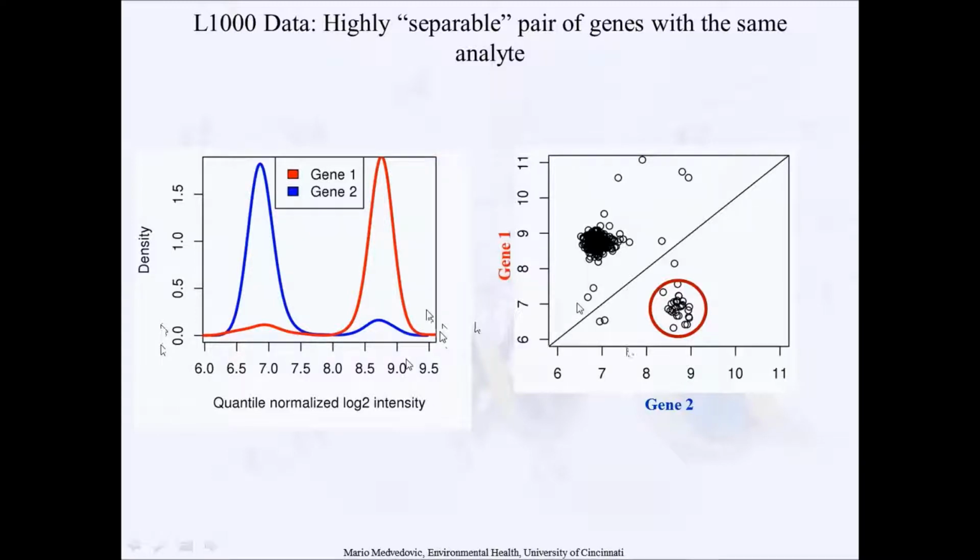But if you look at them in this scatter plot, it becomes even more obvious, because it turns out that these outlying observations for the two genes were measured on the same bead.